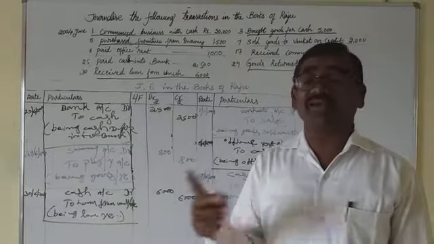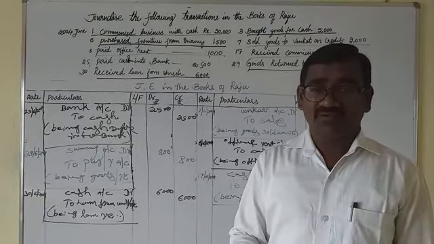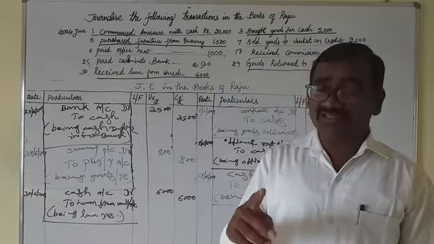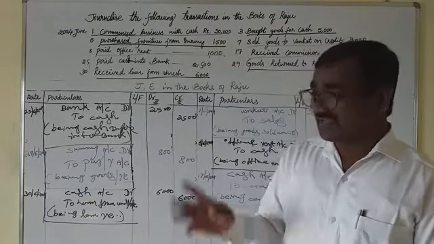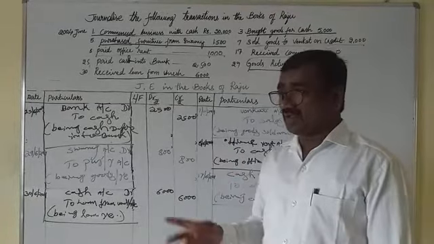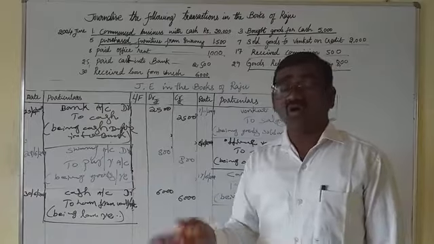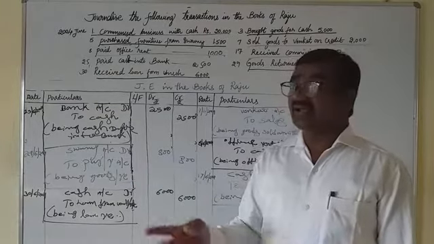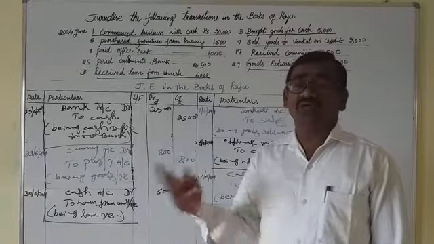Nominal account: debit all expenses and losses, credit all incomes and gains. When we know these three double entry rules, we can easily pass journal entries. Always purchases are expenses, debit; always sales are incomes, credit, according to nominal account rules.